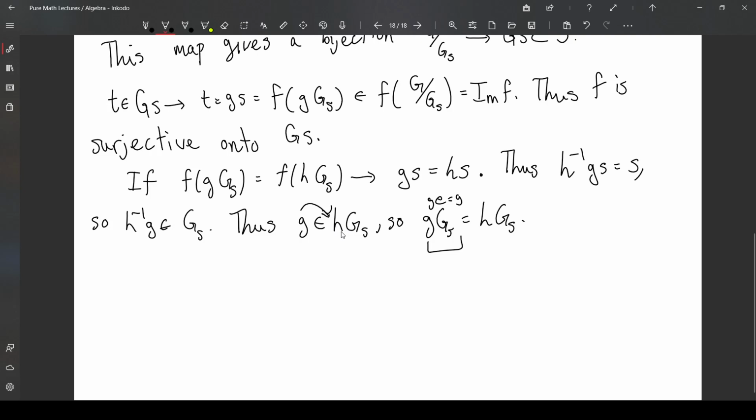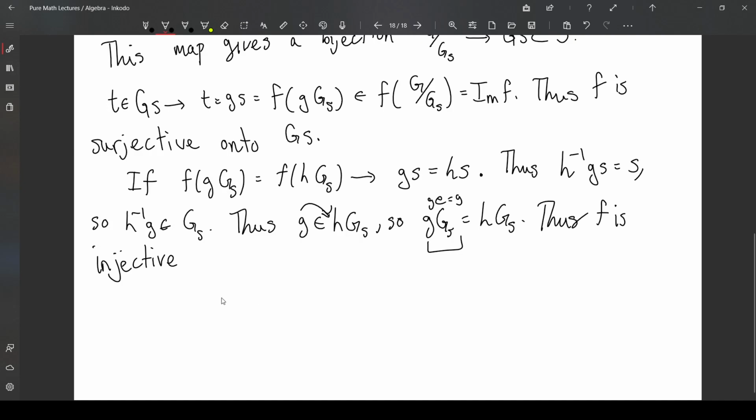They partition G. So they're not disjoint, therefore they're equal, and this shows that F is injective, right? We've shown that if the images of two elements under F are equal, then the elements must be equal themselves. Okay.